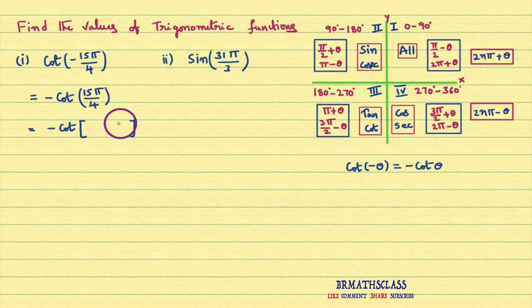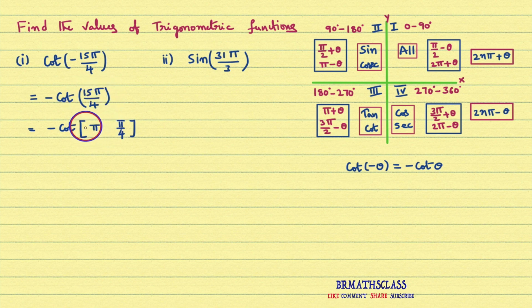Here pi by 4 is there. First you write pi by 4 here. Next, without hesitating, without thinking, just simply write pi here. Now it's time to think of the suitable symbol, plus or minus. If I write plus here, 4 pi plus pi is 5 pi by 4. But this is 15 pi by 4, a bigger number.